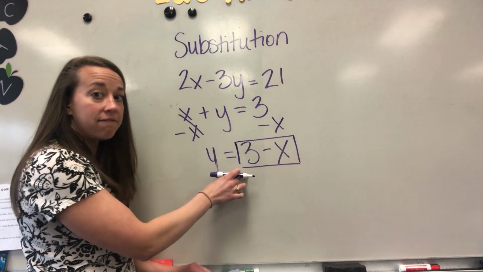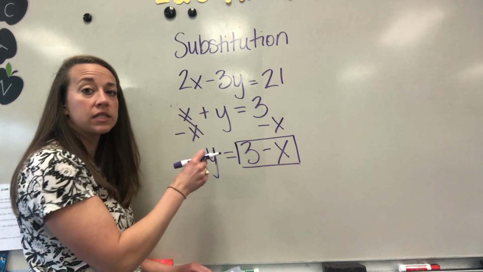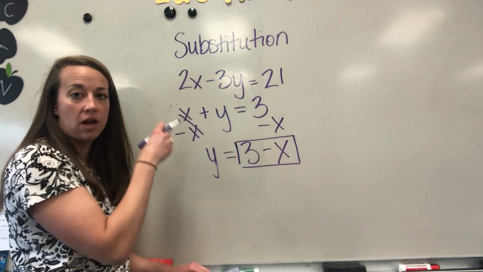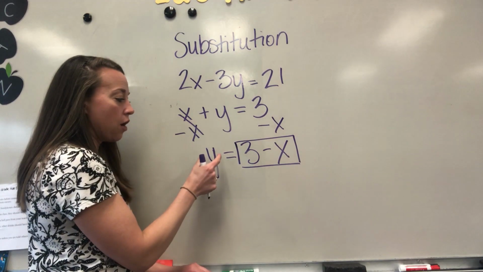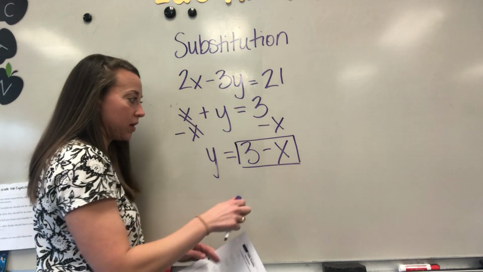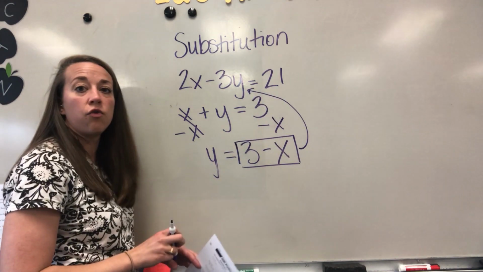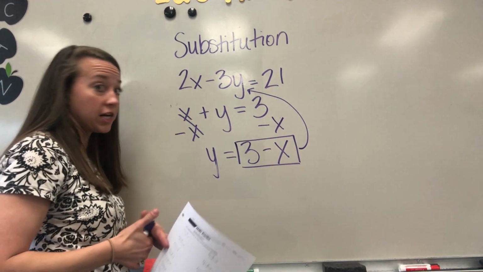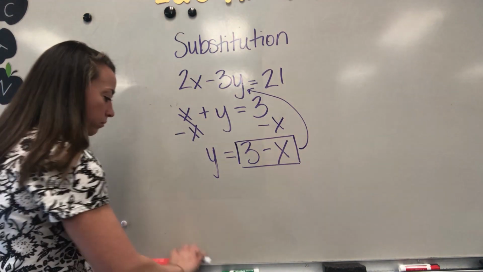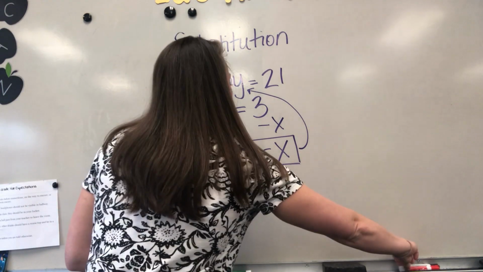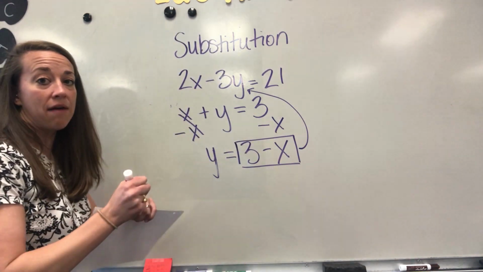Then we're going to take that value of 3 minus x and we are going to substitute it into the other equation. Okay, so if we know that y is 3 minus x, we're going to take that up here and we are going to plug it in for y. Okay, so I'm going to change colors so we can see this here. So that means I'm now going to have an equation.